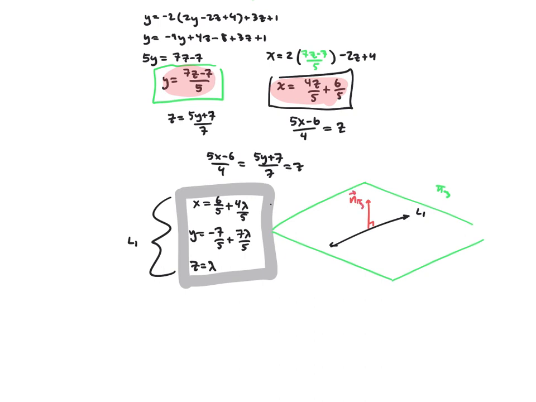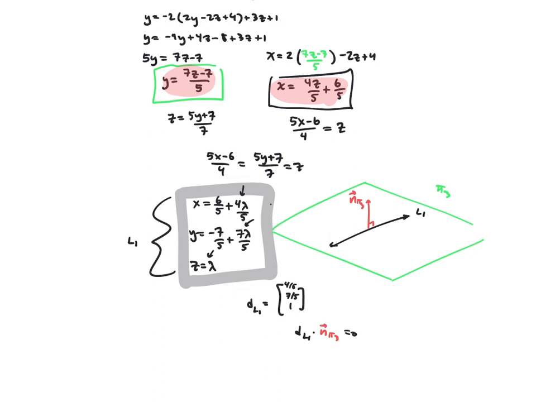The direction vector of L1 would be 4/5, 7/5, 1, which I'm getting from our coefficients of lambda. That direction vector of L1 dotted with the normal from pi 3 should equal 0.